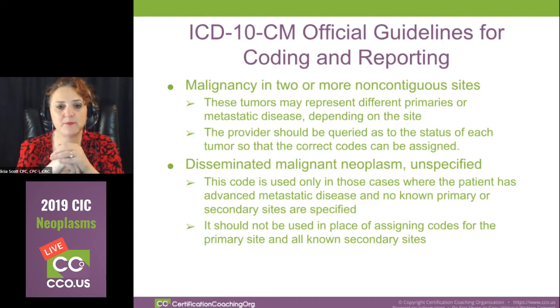Now we're going to talk about malignancy where we have 2 or more contiguous sites. What does that mean? Ultimately, you have a tumor and it's 2 different primaries. Now, how would we know it was 2 different primaries?